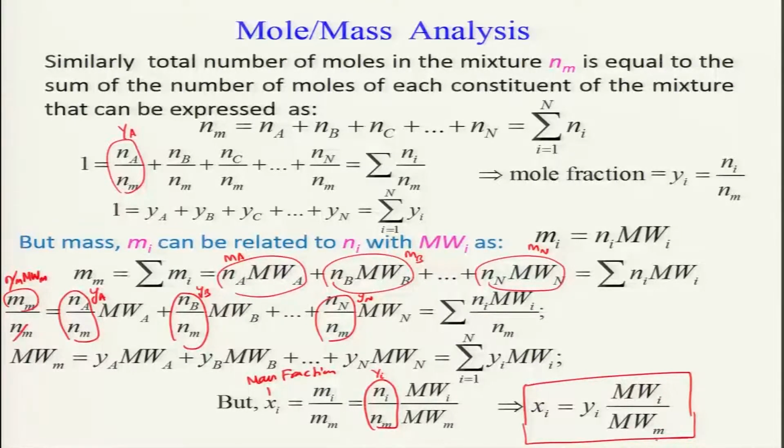So, if I know the molecular weight of the mixture, and if I know the molecular weight of the ith species and the mole fraction of the ith species, I can very easily find the mass fraction of the ith species, or vice versa. If I know the other one, I can find out. That means by this we can calculate the mole fractions if I know the mass fractions and vice versa.